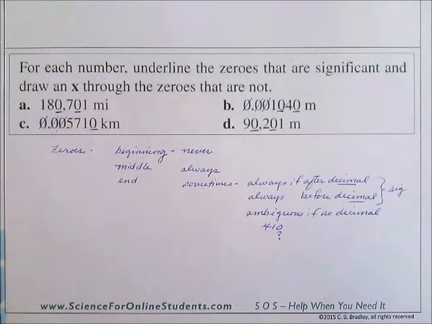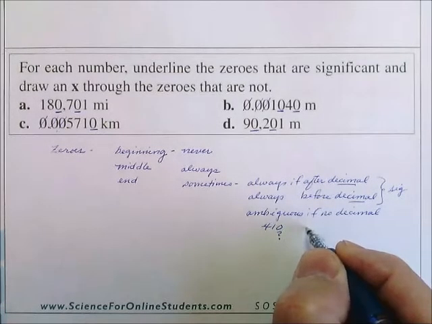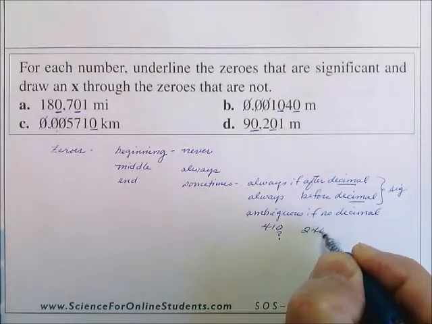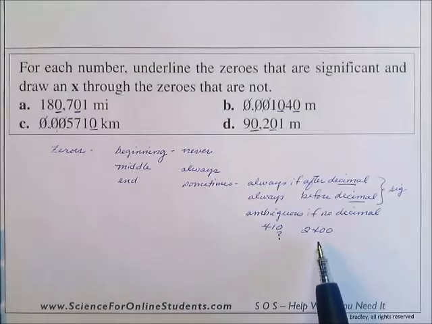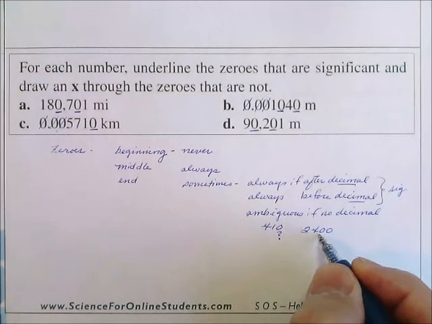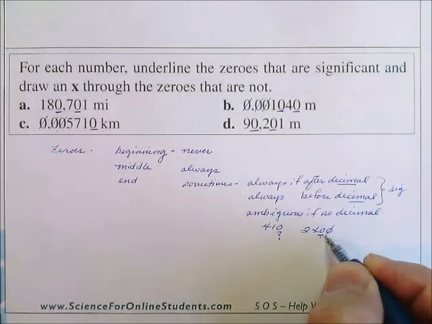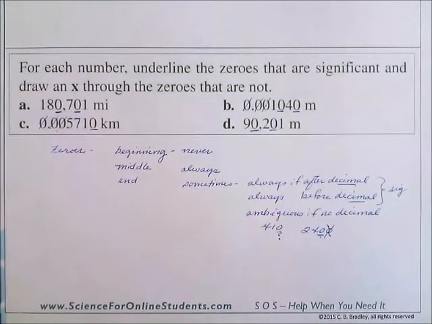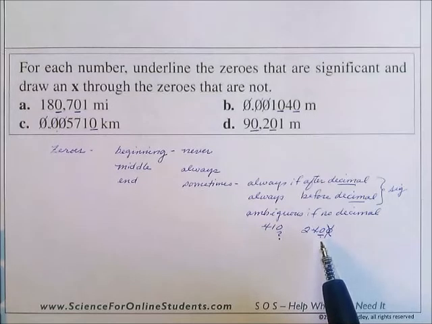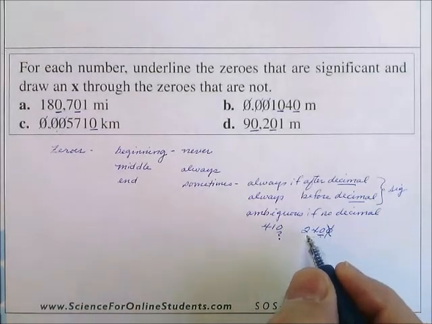If we want to make it absolutely clear, we either have to put a decimal here or use scientific notation. Now if we have a situation with two zeros, and this one is significant and this one is not, the only way to show that is to use scientific notation.